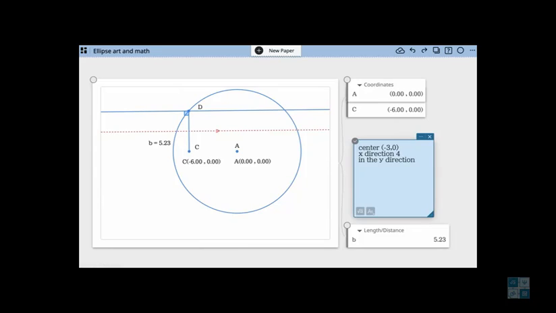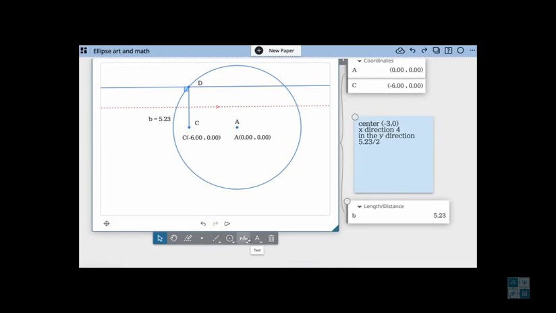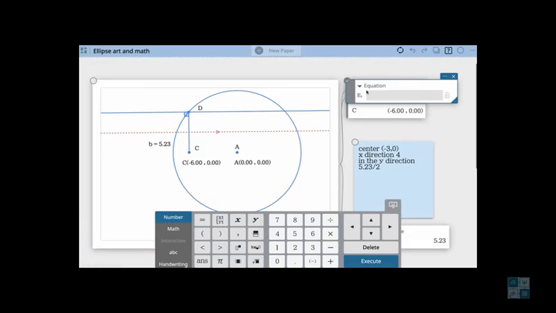It's 5.23 divided by 2 because I'm looking at the total distance of the blue, but I only want half of that. So right now I've got all the information I need. I should be able to create my equation. So I'm selecting an equation. I know the equation is x minus -3, which is +3, quantity squared. So I'm going to go ahead and square that on the outside.